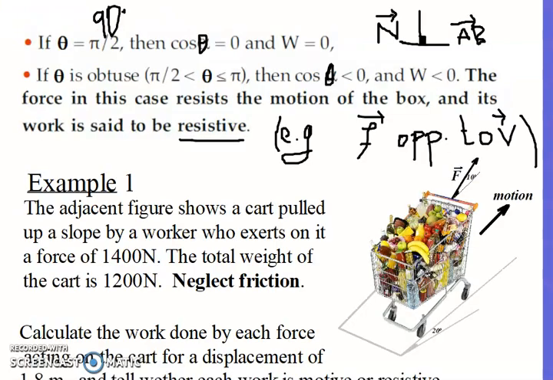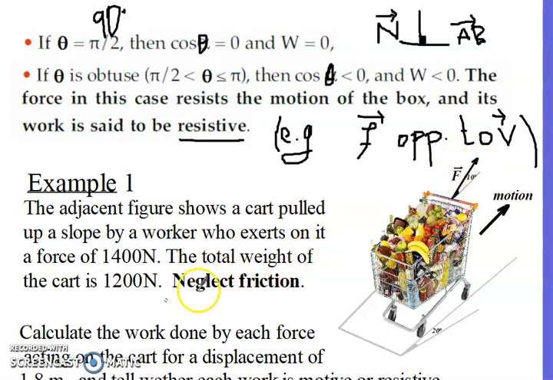Now, let's solve this direct application. Here in the adjacent figure, we have a cart pulled up by a worker who exerts on it a force of 1400 Newton. This force F is 1400 Newton.